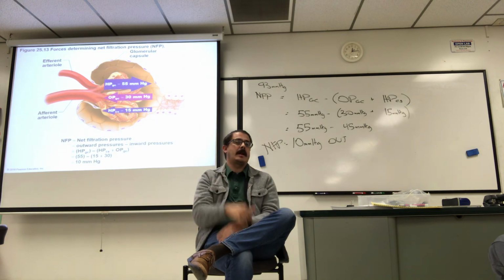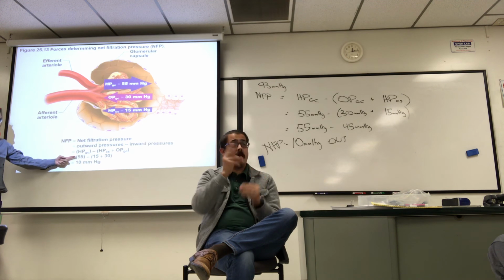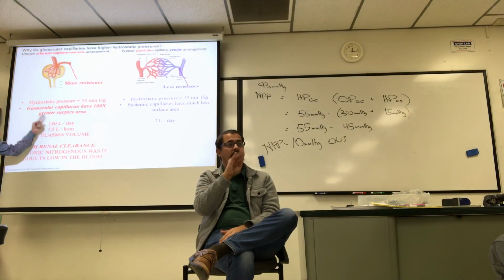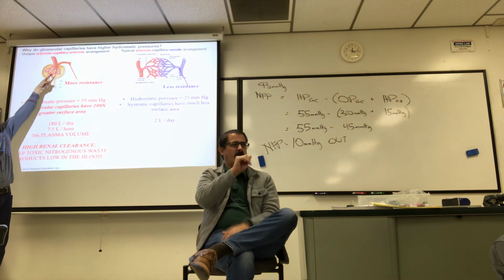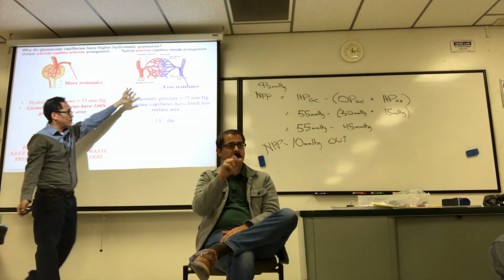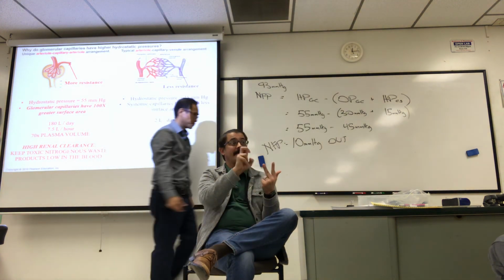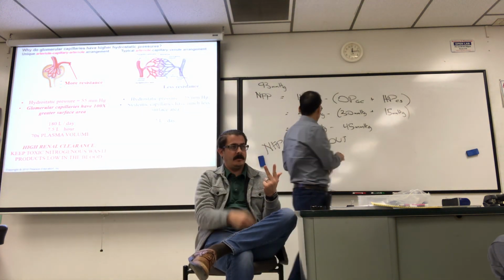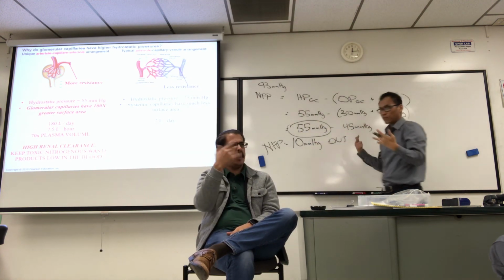I spent a little time talking about why that number is higher compared to other capillary beds. You have to consider the weird arrangement where you have arteriole, capillary, arteriole, versus other capillary beds where it's arteriole, capillary, vein. So again, why is this 55 higher in the glomerulus compared to other places?